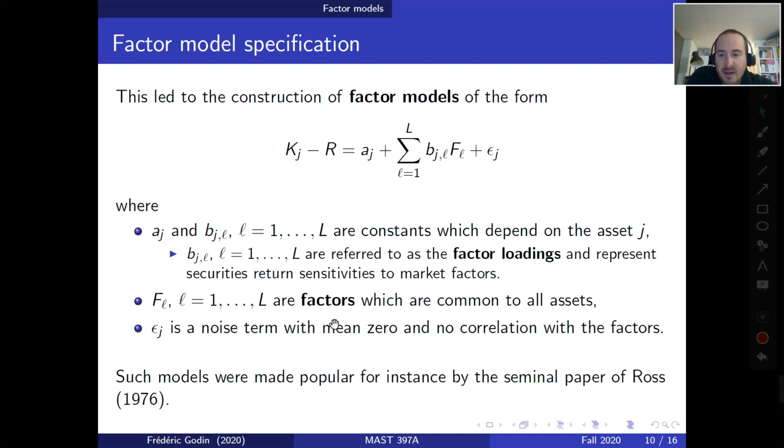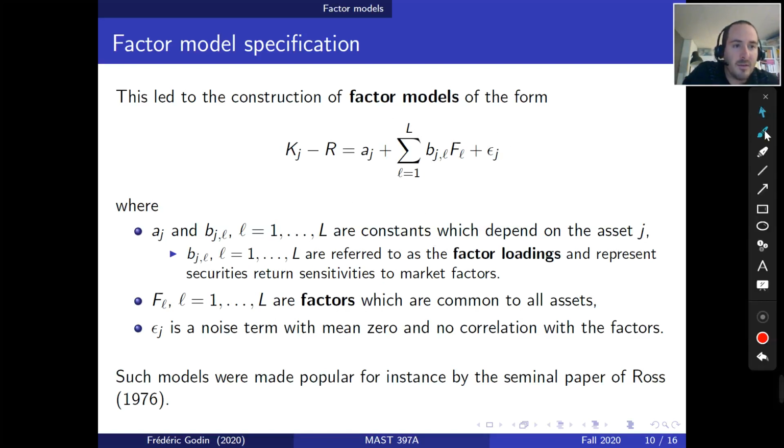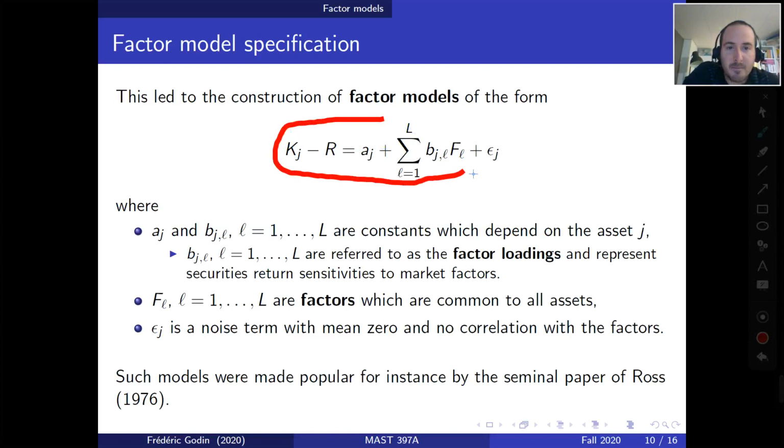Finally, the noise term epsilon is meant to represent the fact that without epsilon, this relationship would not be perfect. If you want a perfect match with your data, you add a noise term to represent the discrepancy between what your model proposes and what you observe. This noise will be different across all securities.